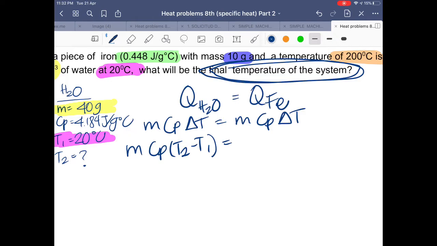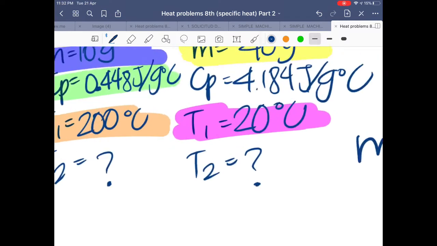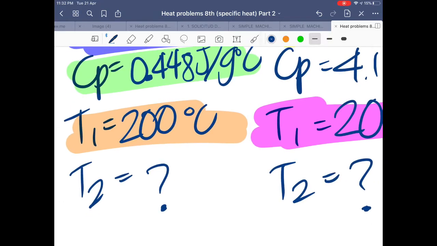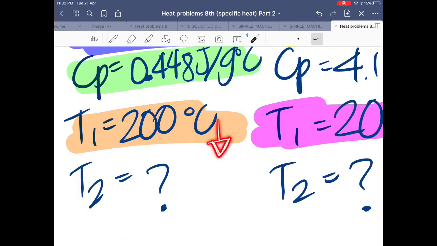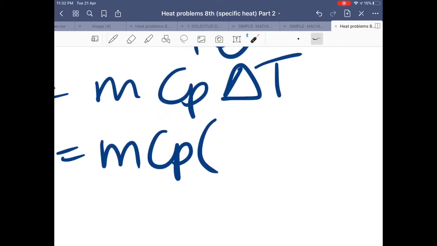And the one of iron is mass times specific heat times, if you insert this one into water that is cooler, this one will decrease, so it will be smaller. And you have temperature 1 minus temperature 2.